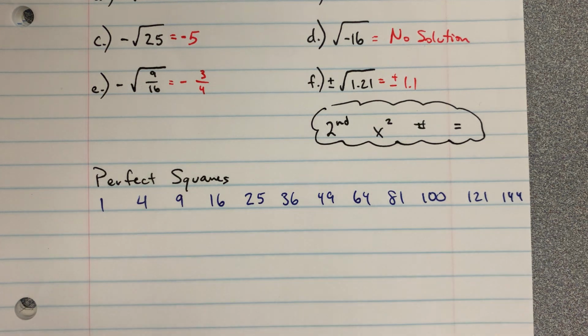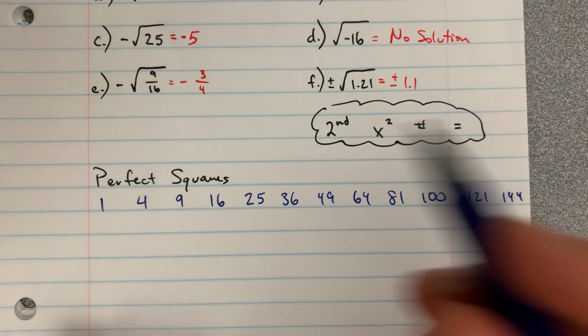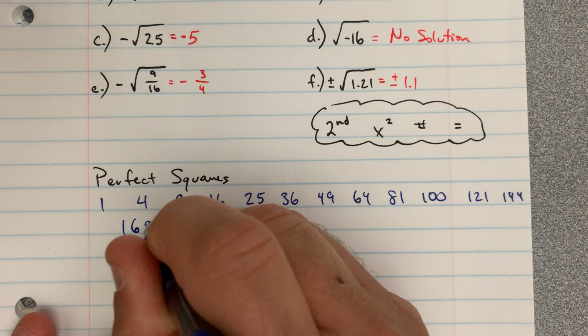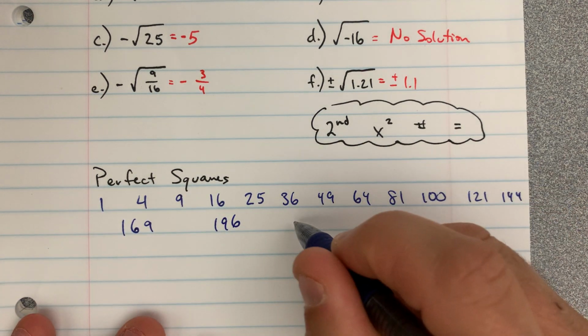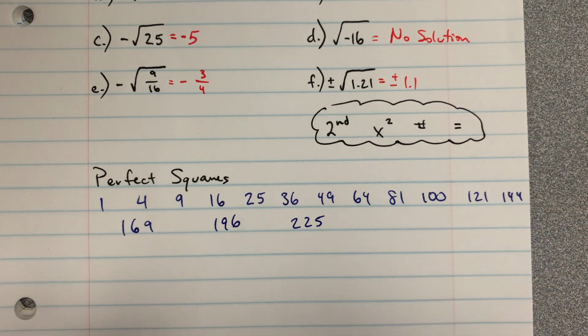That goes 1 through 12 squared, or -1 through -12 squared. But then you should be able to go through 15. 169 is 13 squared. 196 is 14 squared. 225 is 15 squared. Anything after that that you know, that's gravy. These 15 you should know.